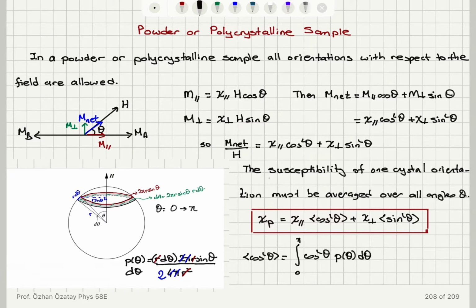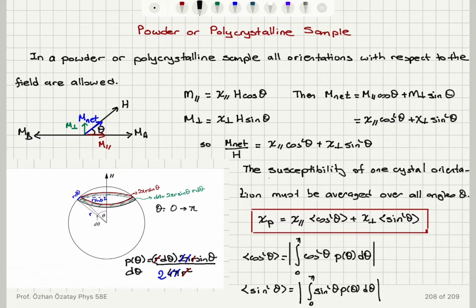Since this is an average of cosine square, the answer should be positive, absolute value. And similarly, the average value of sine square theta will be the absolute value of the integral from 0 to pi of sine square theta, p of theta, d theta. Theta can take values from 0 to pi.